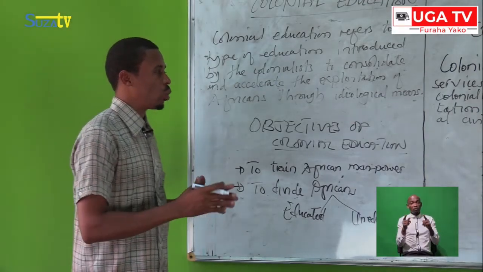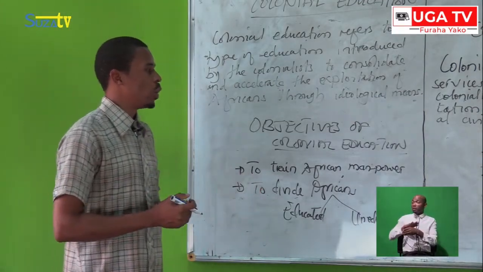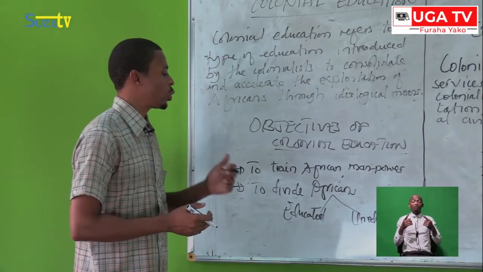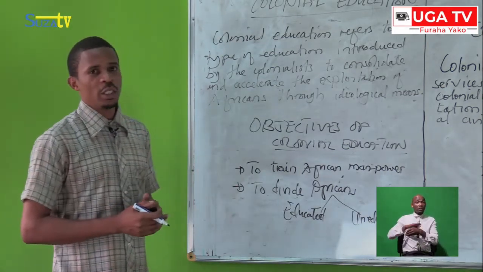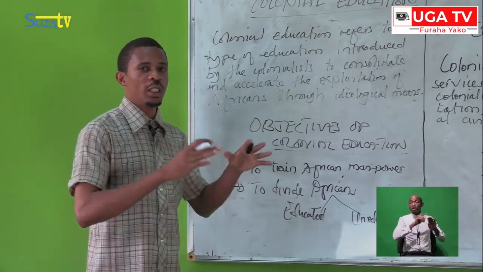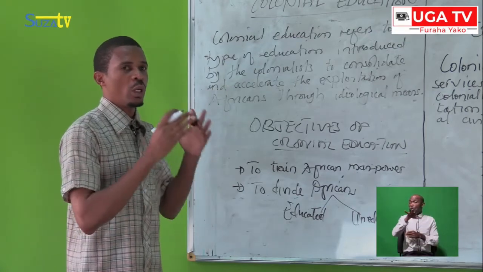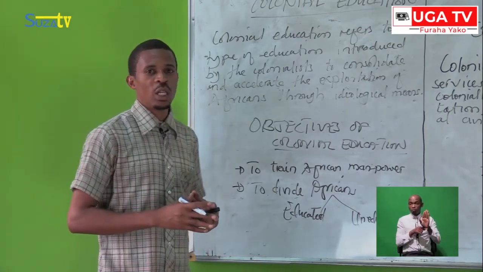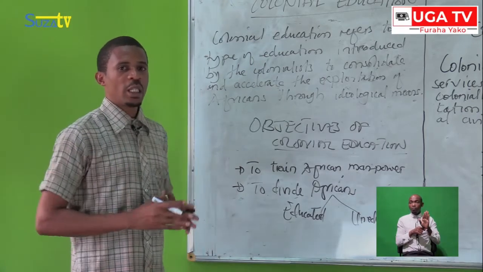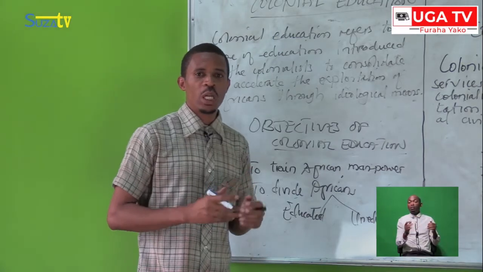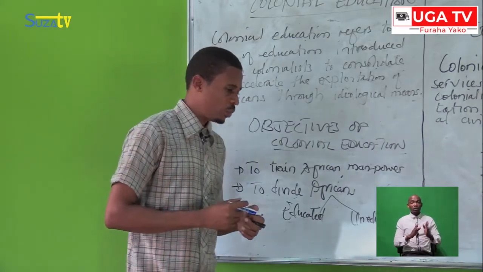Various agricultural skills were instilled in the Africans. Various production techniques and skills were taught to the Africans. All these were provided aiming at getting Africans who could engage in production of raw materials.